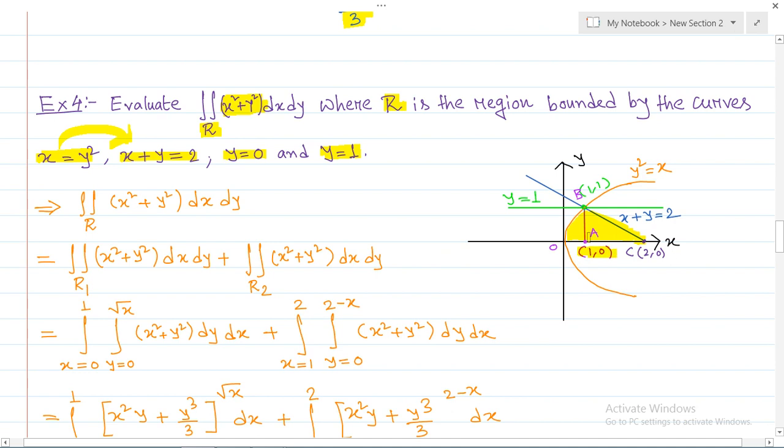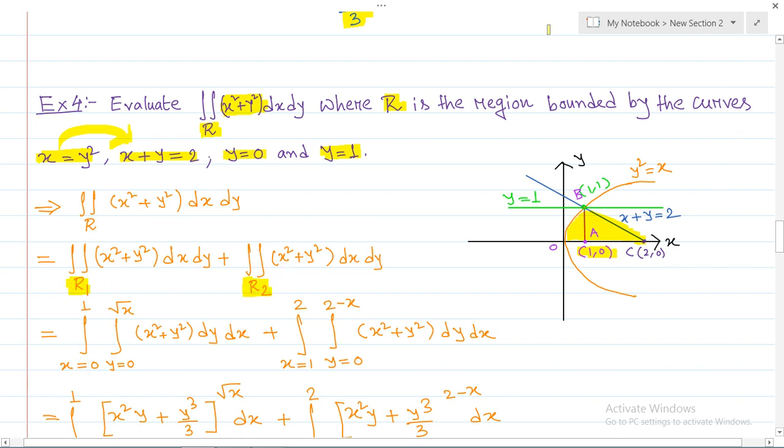On the left hand side of A, the upper curve is y equals x squared, while on the right hand side of A, the upper curve comes from x plus y equals 2. Since the top curve is different, the whole region R has to be split into two parts. So we have first of all split the region into two parts, R1 and R2.